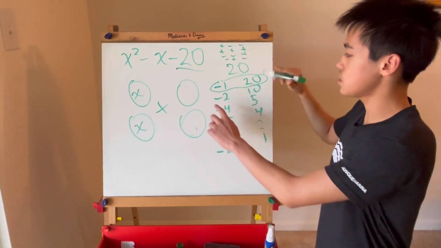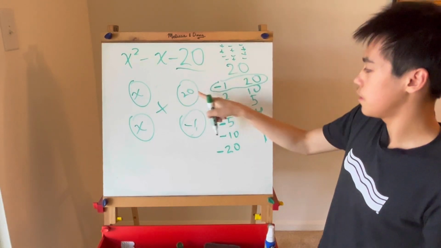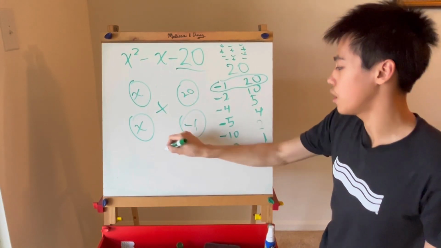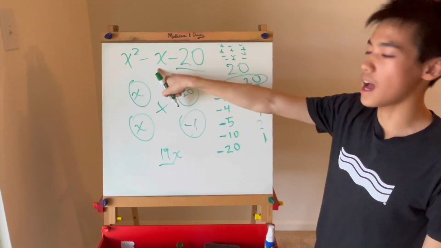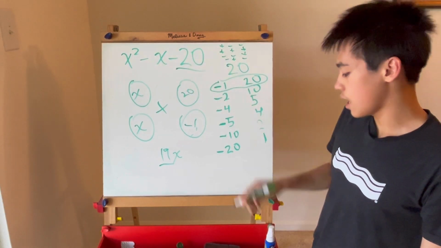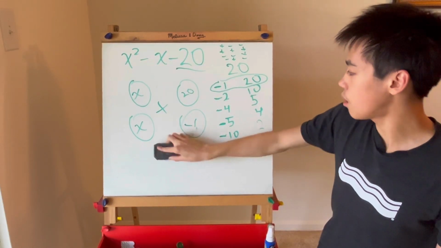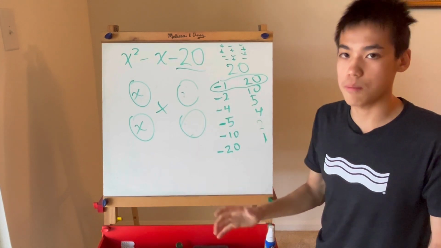So if we put -1 and 20 on the right-hand side, we're going to have a sum of 19x, which is not equal to -1, and differs a lot from -1. And so intuitively, we can rule out numbers that are way too far apart from each other in magnitude.